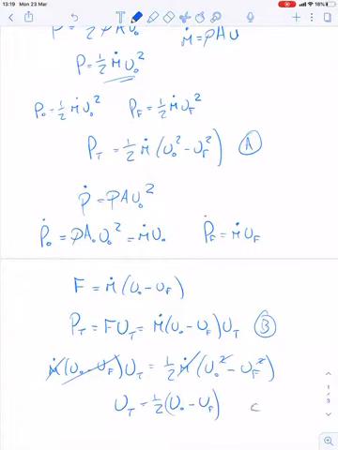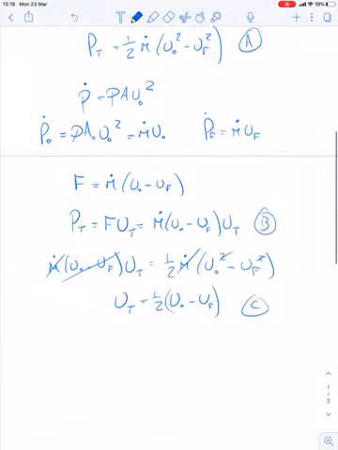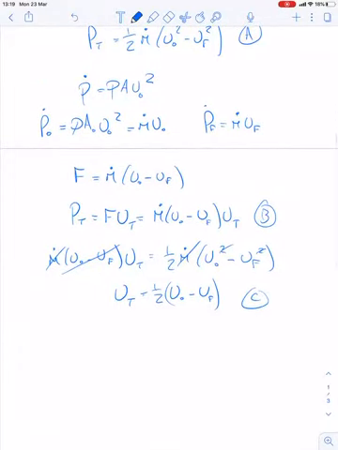We'll call this equation C. Right, so looking back at equation B again, we had the power delivered to the turbine was m dot times u0 minus uf times uT, and we can substitute in our mass continuity term, which was density, area at the turbine, velocity at the turbine.